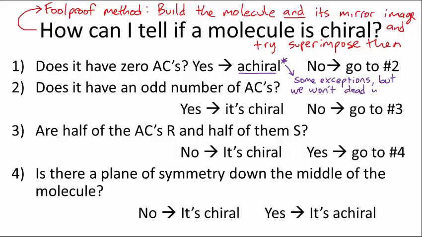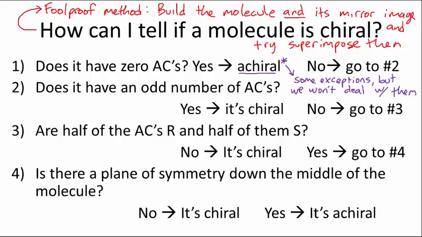I just wrote we won't deal with them. If you're interested in how you can make a chiral molecule without having an asymmetric carbon, I can show you examples. They're kind of fun. You can build models of them if you want, but they're not all that important. So if you see a molecule that has no asymmetric carbons, you can assume that it is achiral.